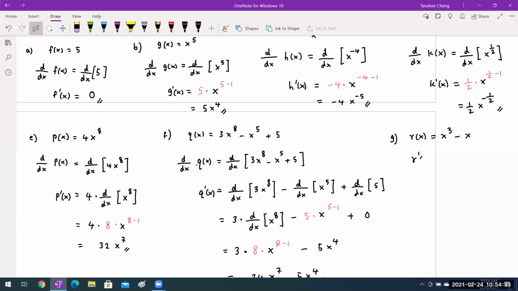So R prime of x, taking the derivative on both sides. These are sums, so take the derivative of each term. The derivative of the first term, that's a power, so bring down the power, and then minus 1 to the exponent. Minus the derivative of the second term, x. The derivative of x is what? 1. And that will be my final answer. That's how fast we need to get before the test. That requires practice.